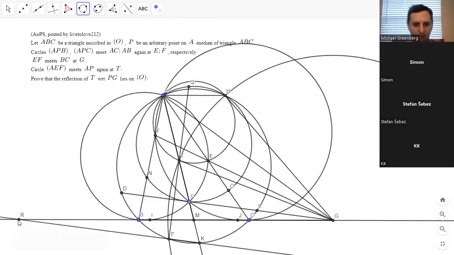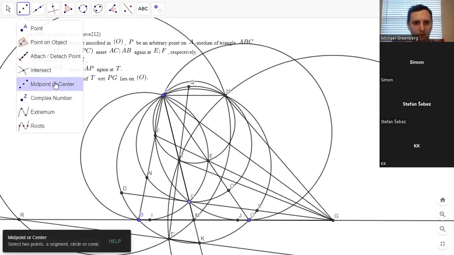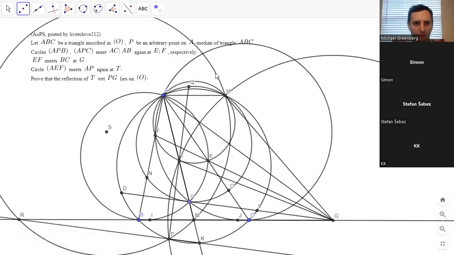Let's see. So G is the center of this one, and S is the center of that.